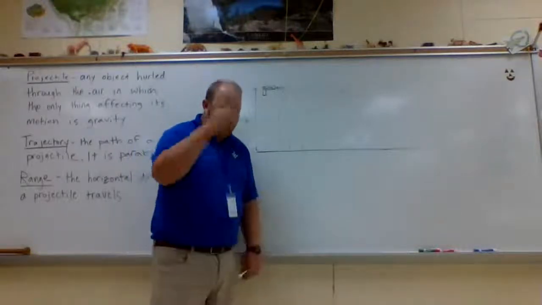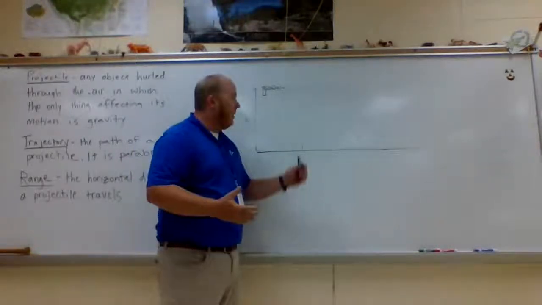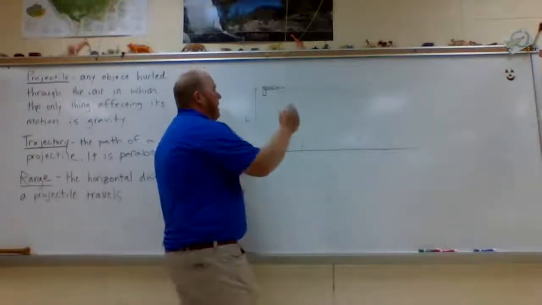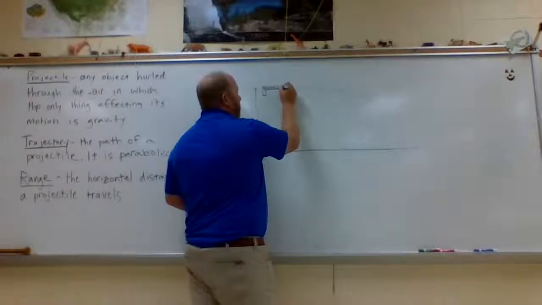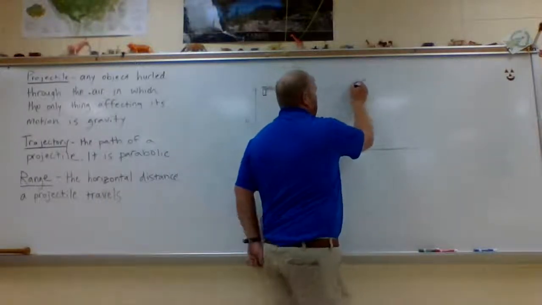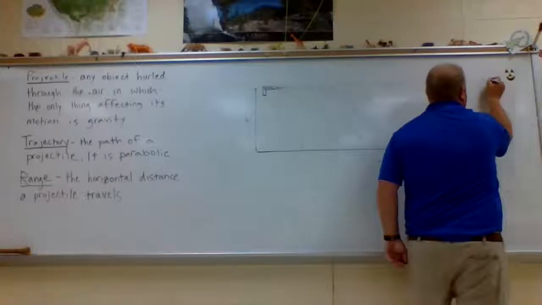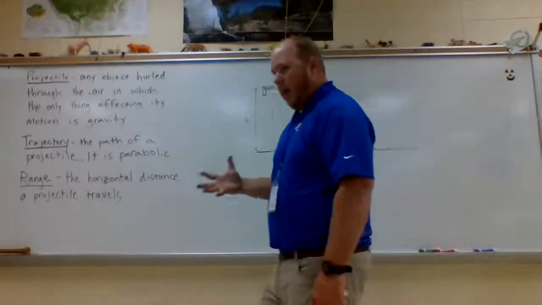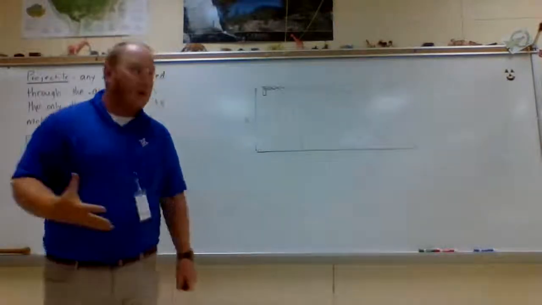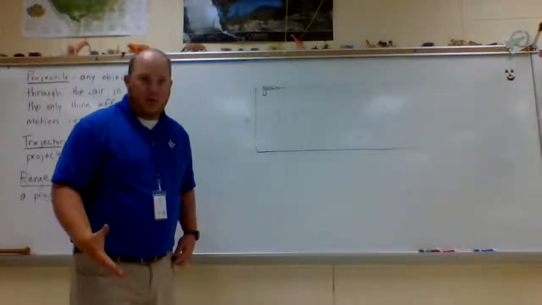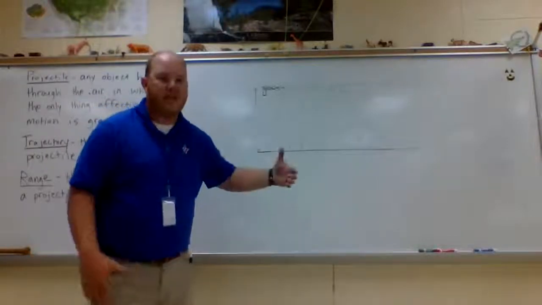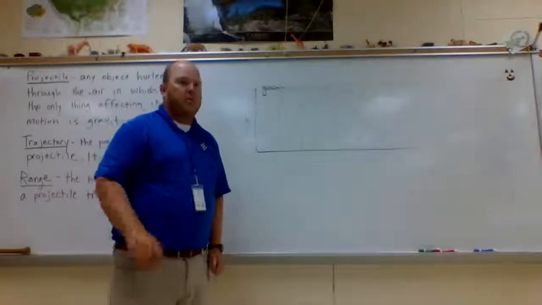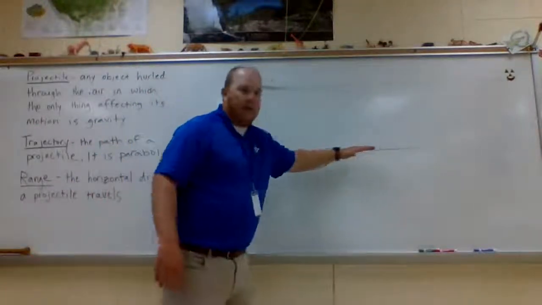So my question is, is there any speed that I can select my magic gun to fire this projectile so that we can get a line that looks straight and never drops? And hopefully the answer to that is something that you've already said in your head. You cannot. We cannot fire a gun fast enough that it never drops back to the earth if we have a flat piece of ground.